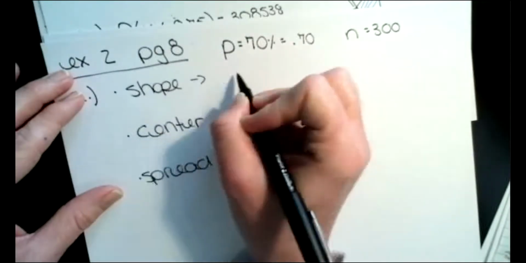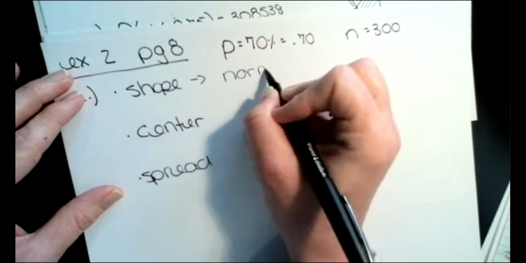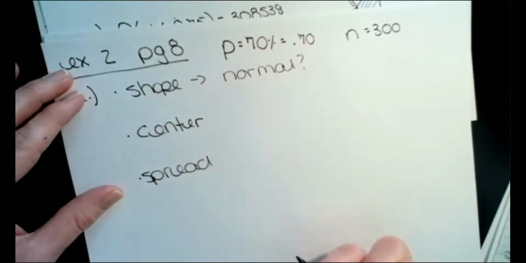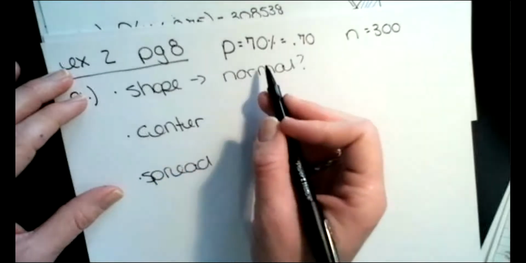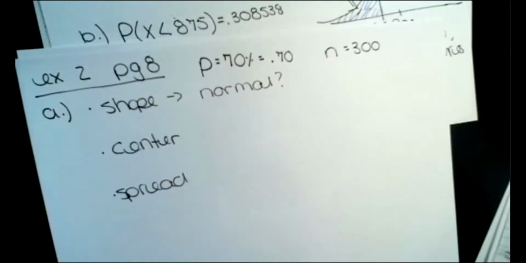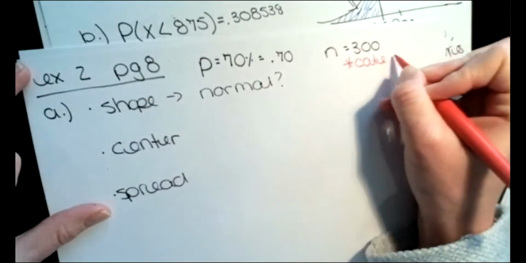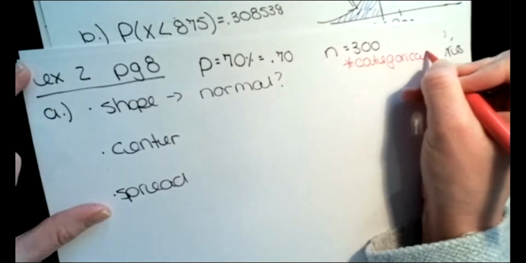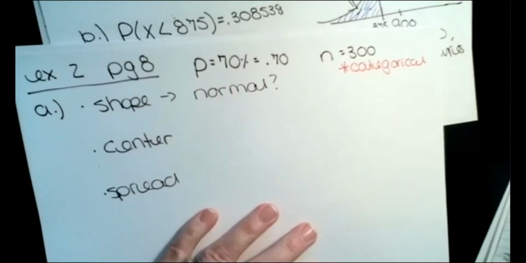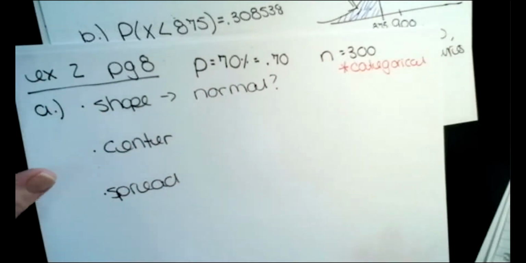So keep in mind here, I want to be able to say that the shape is normal and I have to find out if it is normal. So here for proportion, I'm going to write this down, categorical. So I know what I'm calculating here, because that's going to drive how I do all three of these.